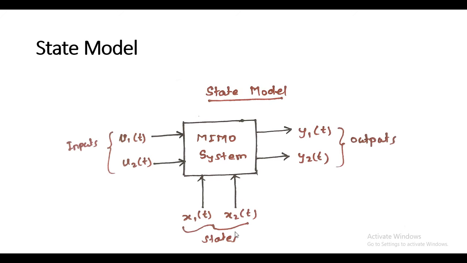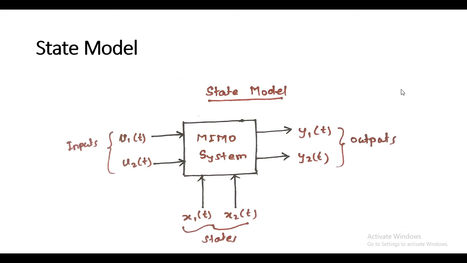Here it is very important to understand that this single output should be computed based upon all the inputs and all the states. Similarly, we have to calculate Y2 based upon all the inputs and all the states. So this you have to understand.